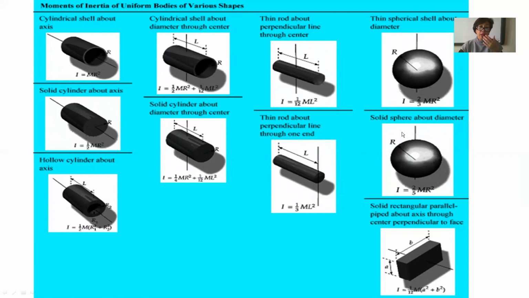For example, a solid sphere about the diameter has moment of inertia 2 divided by 5 MR squared.